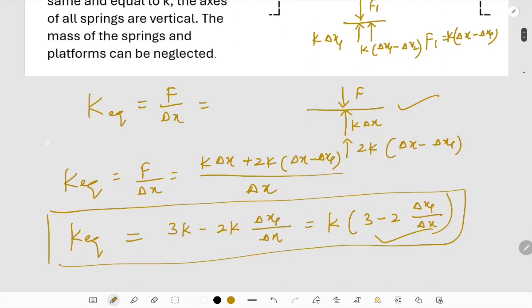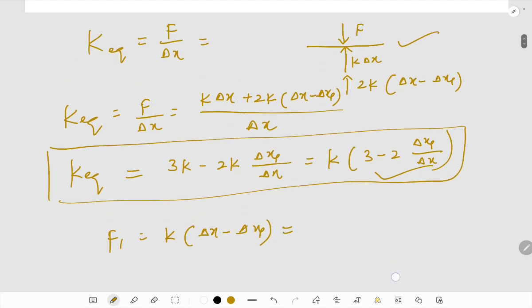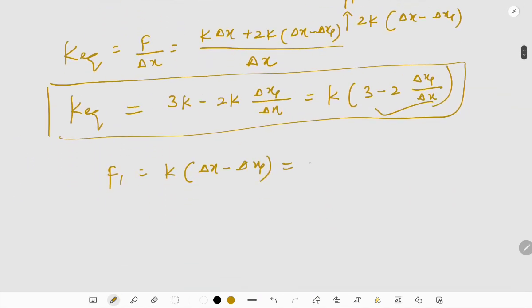So we can write F1 equals k delta x minus delta x1, or F1 can be written as k delta x1 plus k delta x1 minus delta x2.